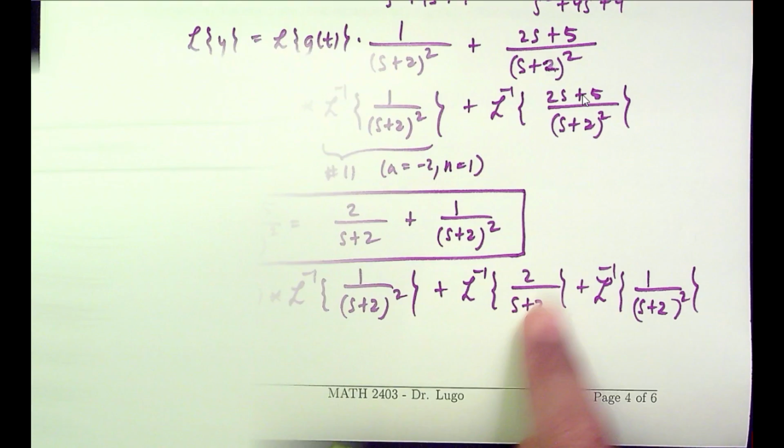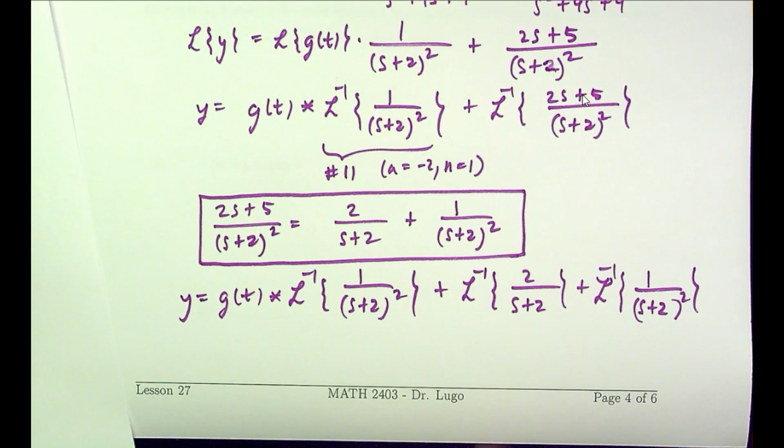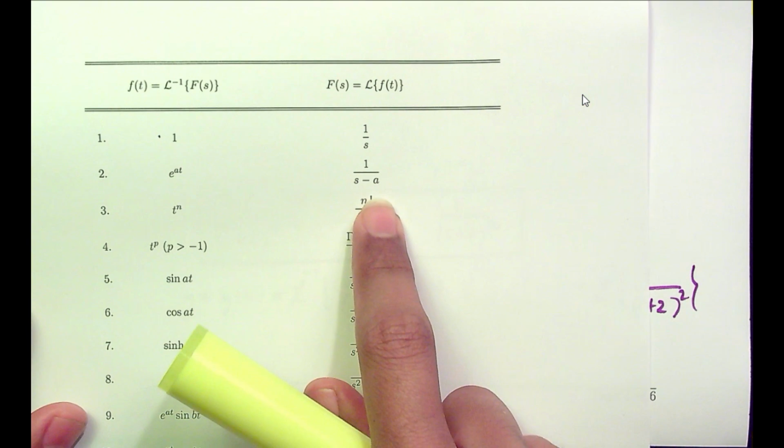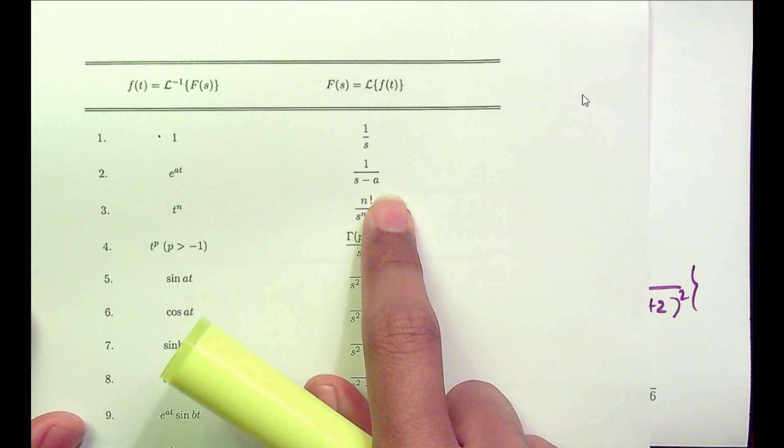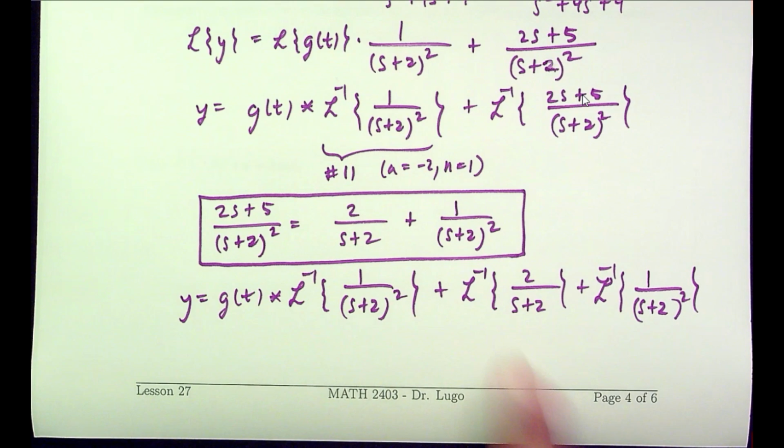So we factor the 2 out, and then we would have 1 over s plus 2, and that would be this, where a equals negative 2. Okay, so that will take care of that.